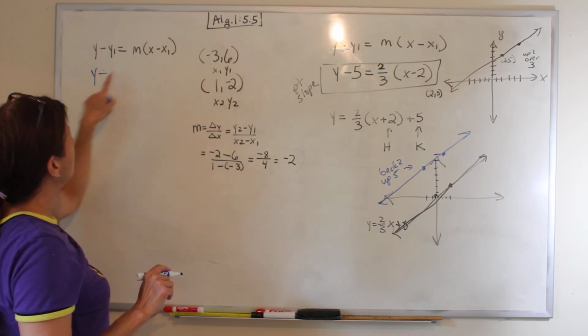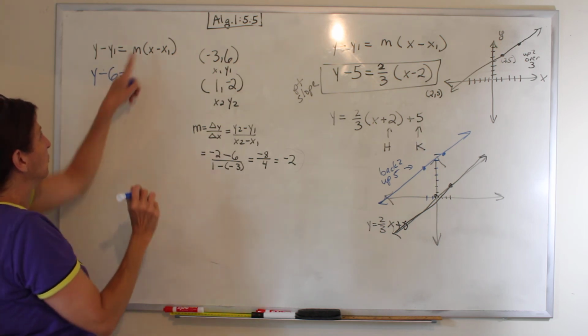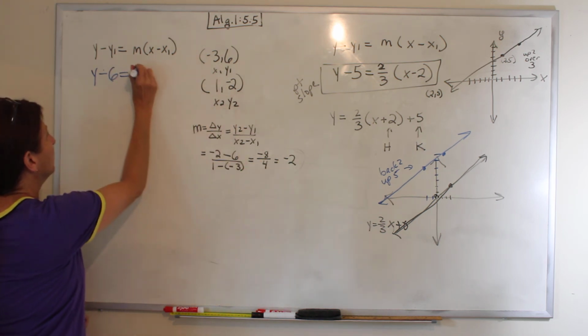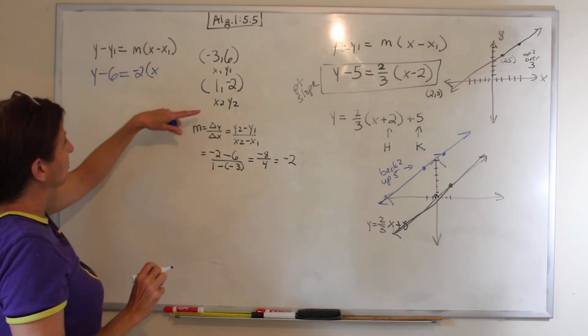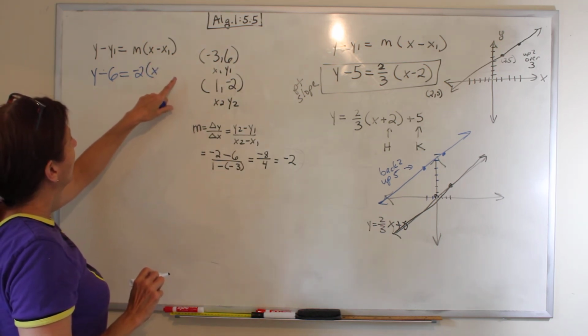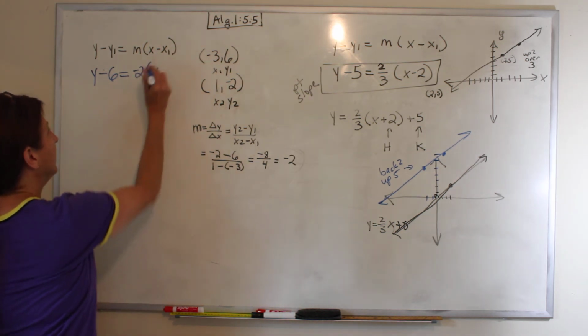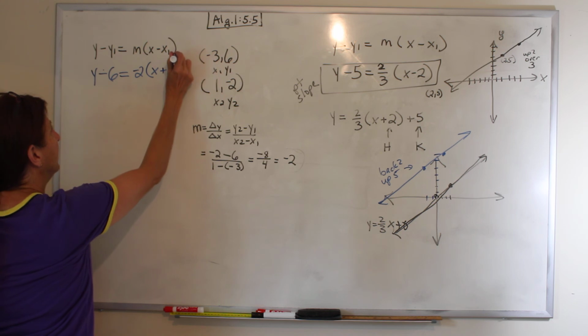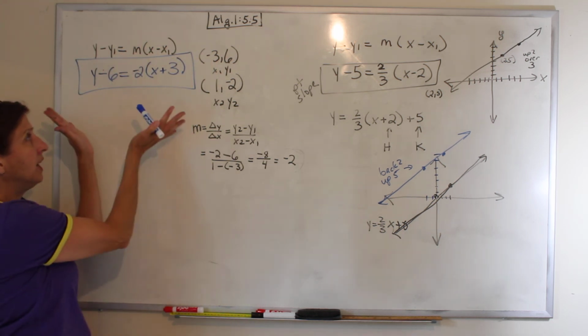So y minus y1, which is 6, equals the slope, negative 2, times x, and now we do what I was trying to do, x minus negative 3 is plus 3, and that's it in point slope. Done!